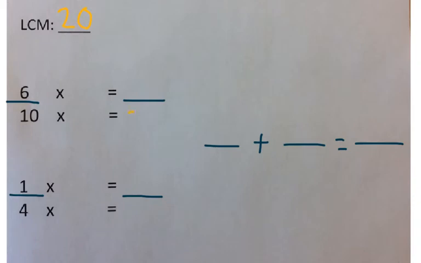We can write that in all of the denominator spots, 20, and here we are going to have our common denominator of 20 as well. So now we have used the least common multiple of both denominators to find a common denominator of 20.